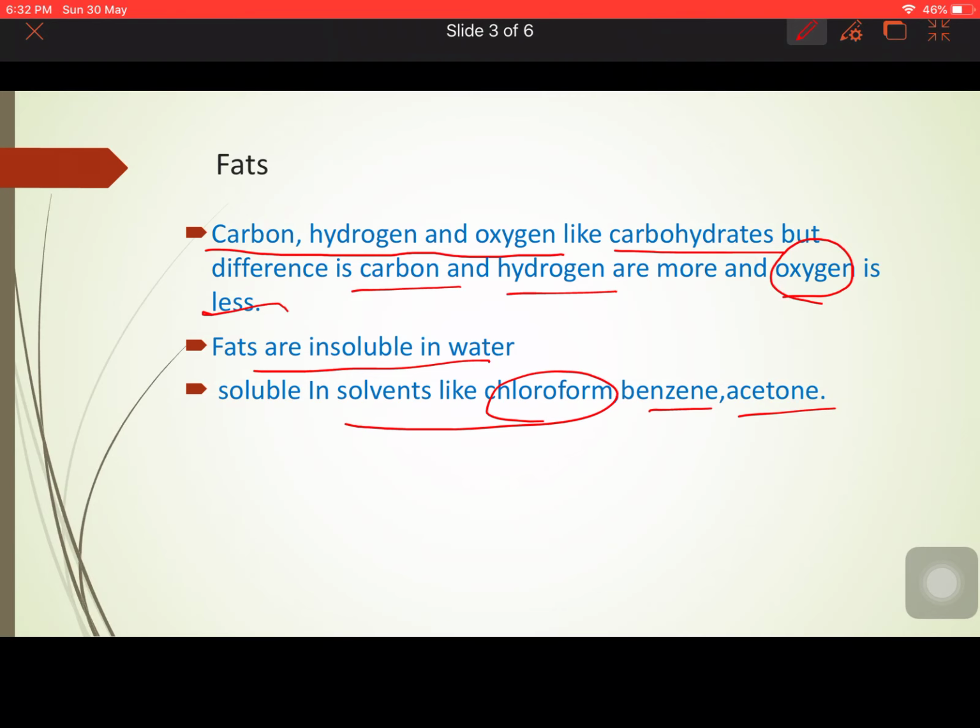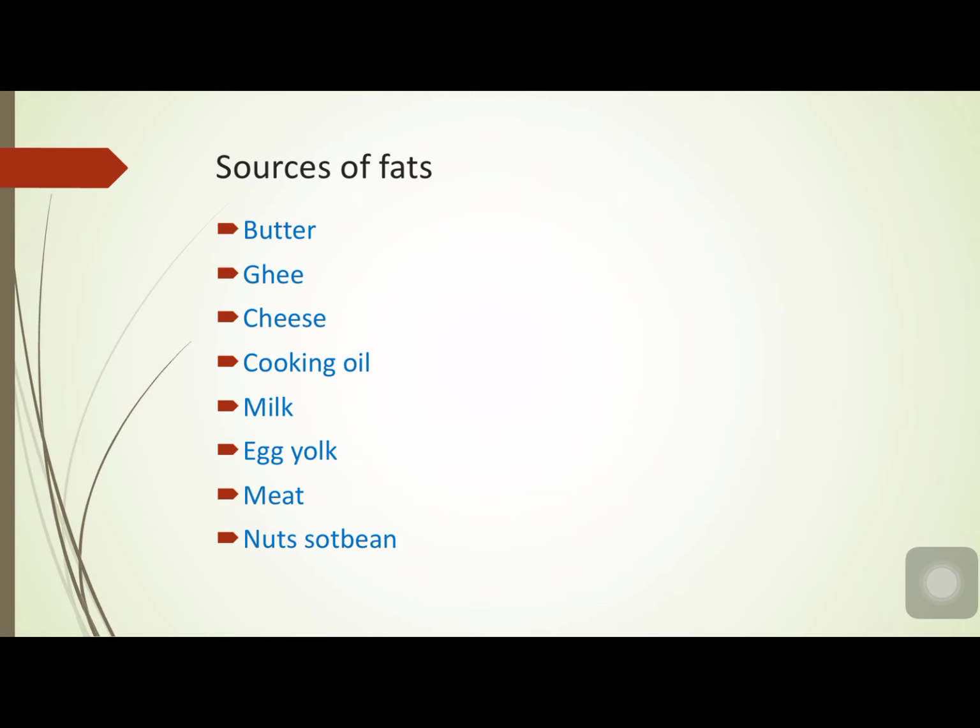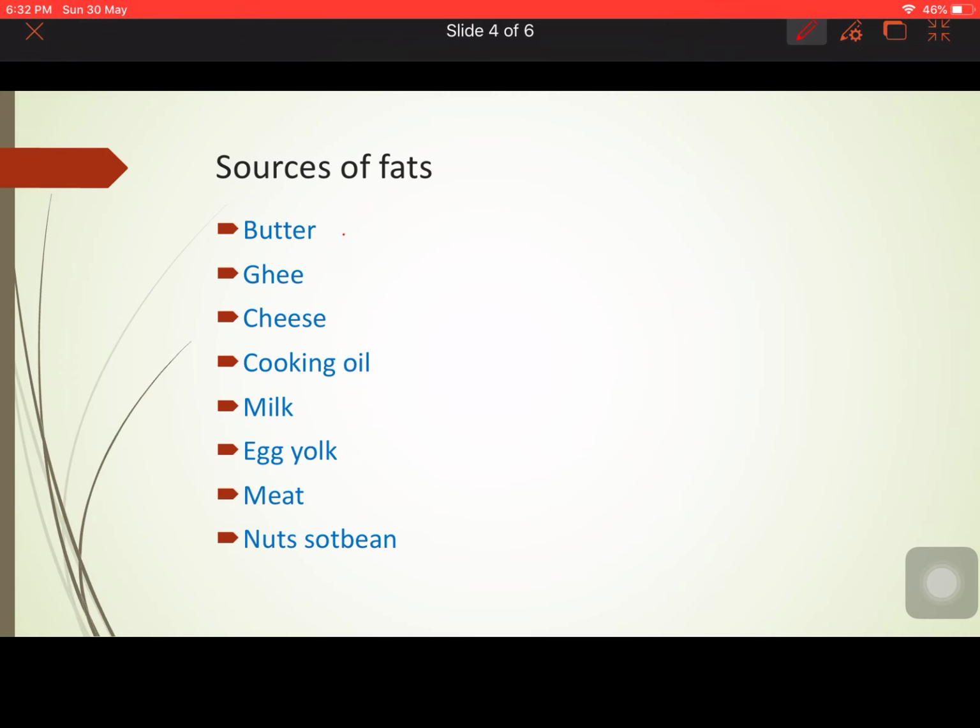Now next let us come to the sources of fats. All the common sources of fats we all know: butter, ghee, cheese. Cooking oil we can divide into mustard oil, groundnut oil, coconut oil, whatever oil we are using. Then milk, egg yolk, meat, nuts and soybean.